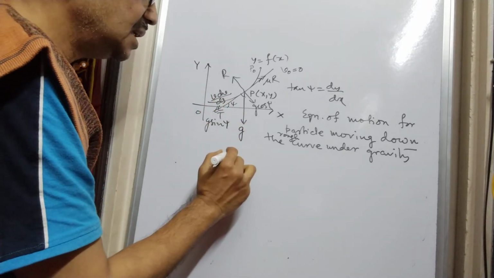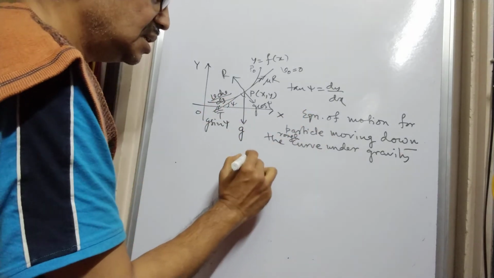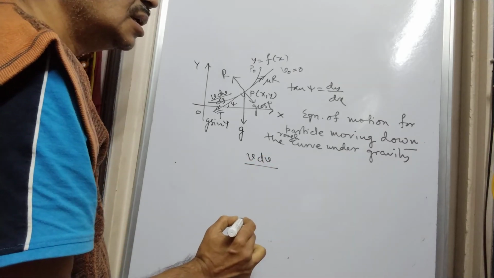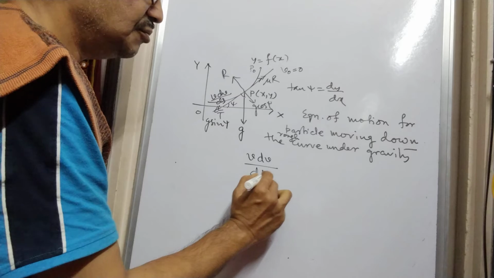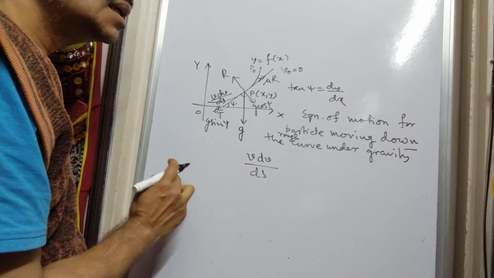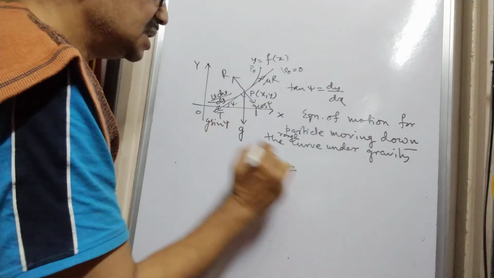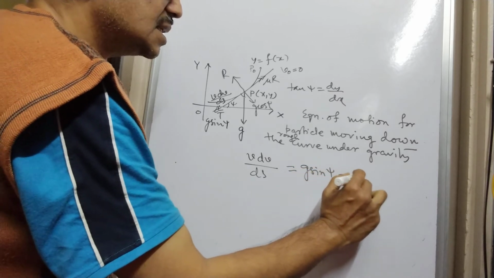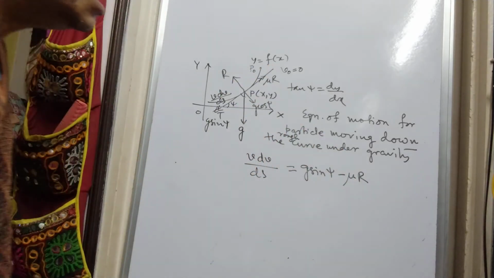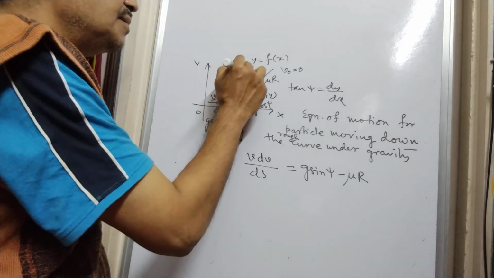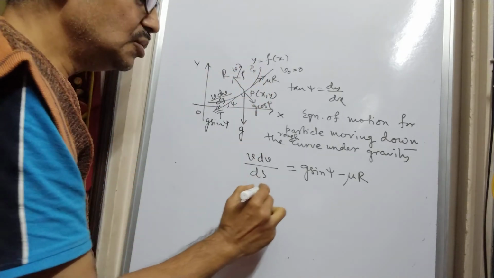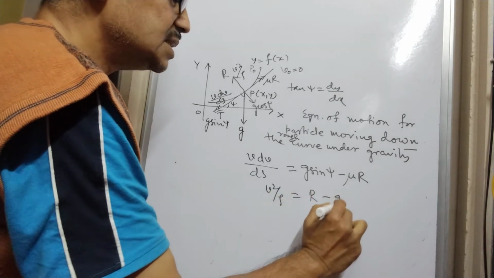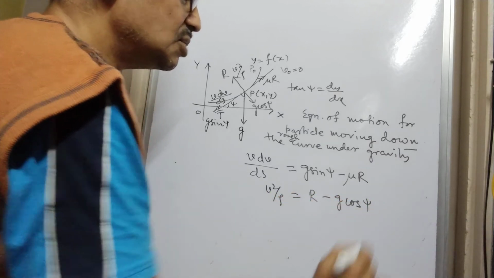So, we have as equation of motion in case of downward motion, v dv/ds is equal to g sin psi minus mu R, because mu R is opposing, and we have v square by rho equal to R minus g cos psi.